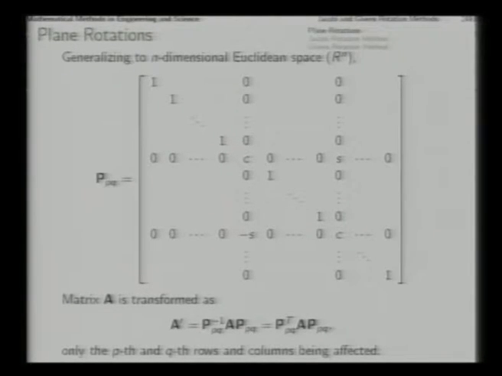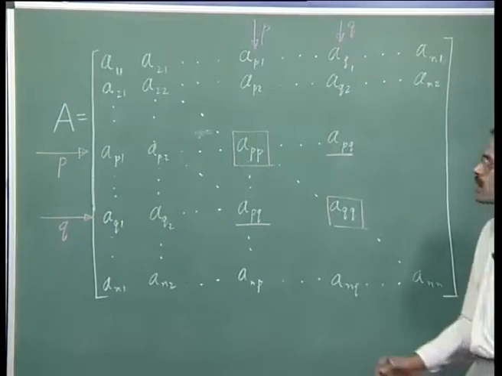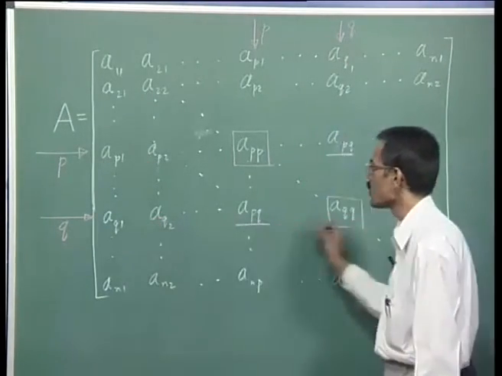Similarly, when this matrix transpose is multiplied on the left side of A, then no element of A will change except for elements in the pth row and the qth row.